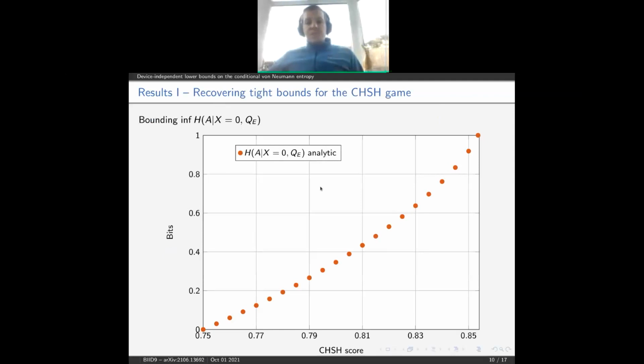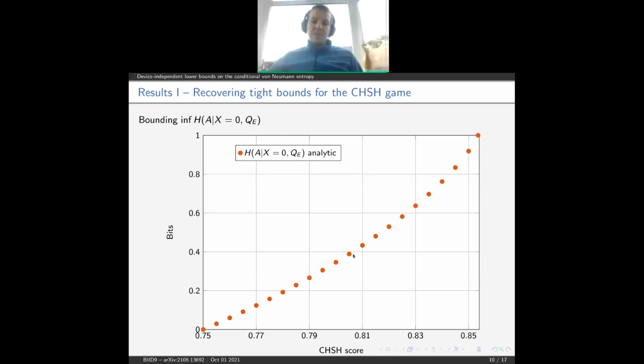Okay, so the first plot I'd like to show shows that our method can, at least in certain settings, recover tight bounds on the rates. For example, if we constrain our devices by the winning probability in the CHSH game, and we look at the entropy of Alice's output given Eve's information, we actually know a tight lower bound on this quantity.